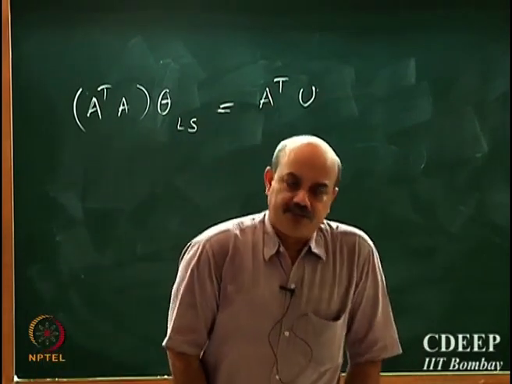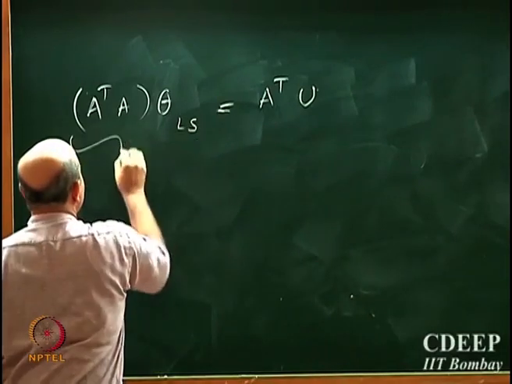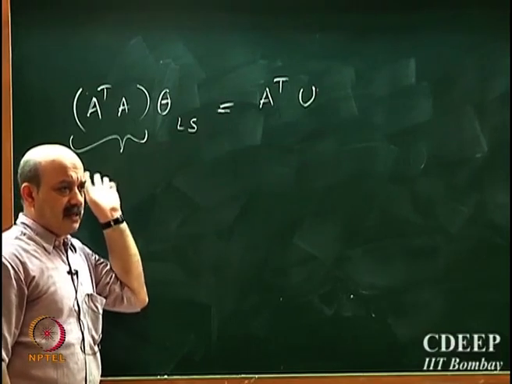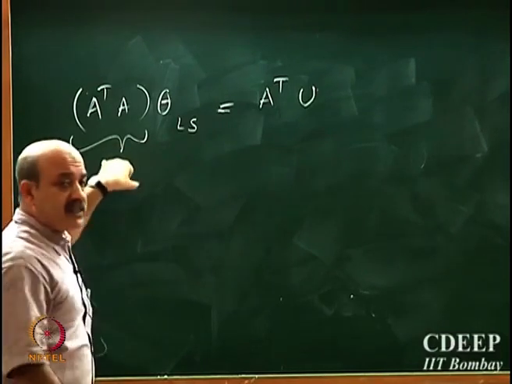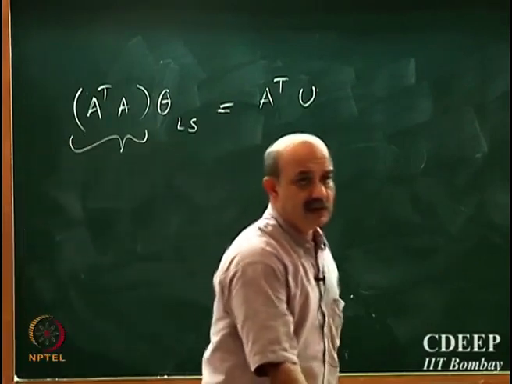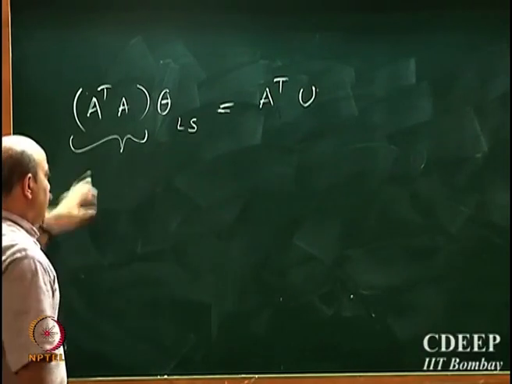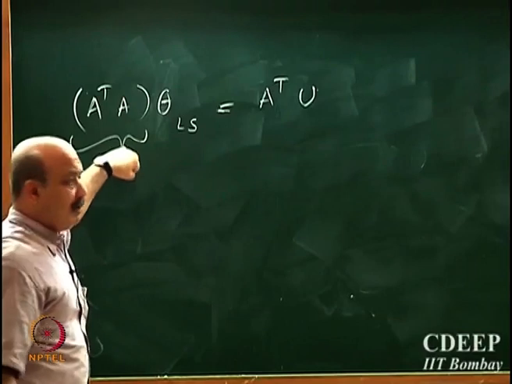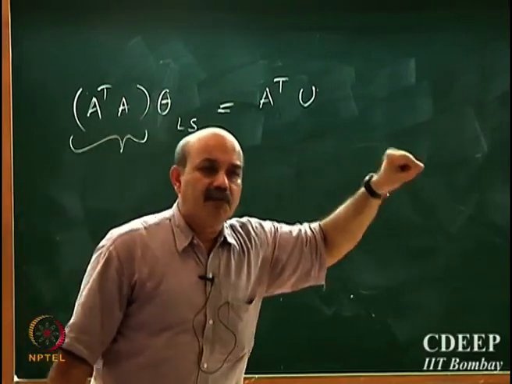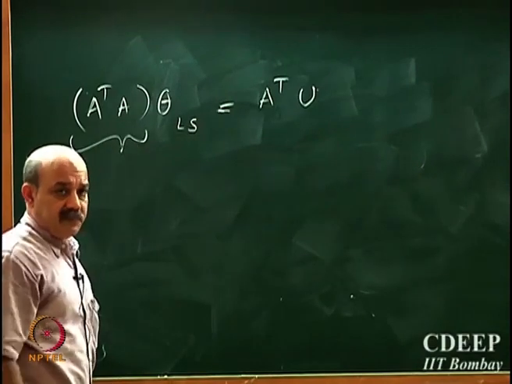Now this, as I told you, is nothing but the Hilbert matrix. Actually, what you can show is that this matrix in the normal equation will tend to the Hilbert matrix. This is not exactly the Hilbert matrix; in the earlier case we directly got the Hilbert matrix. If you have a large number of data points, what you can show is that this matrix will tend to the Hilbert matrix.